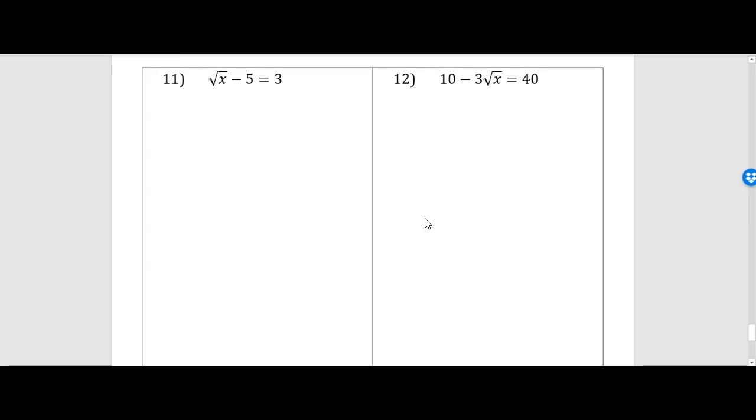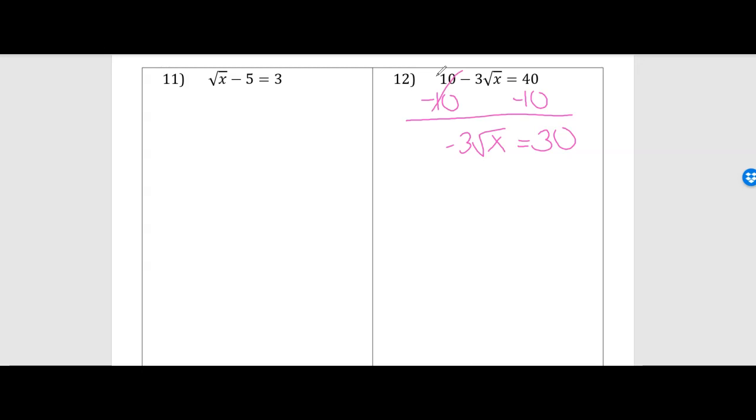Okay, so number 12 has a radical, and like we mentioned in the radical problem up above, we need to get the radical by itself before we do any squaring to either side. So the first thing that I'm going to do is I'm going to subtract 10 from both sides. So I'm going to get negative 3 times the square root of x on the left is equal to 30.